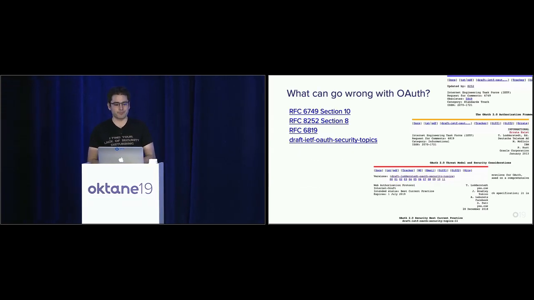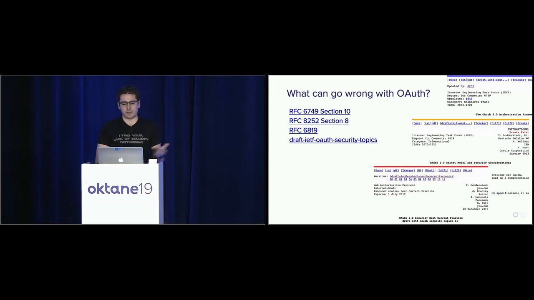There are so many tricks in this space and so many things to be aware of that there are actually multiple documents dedicated to documenting them. So it's starting with the RFC 6749, which is the OAuth core spec. There's a section in there that talks about several common threats and ways to avoid them. And that was written quite a while ago now, and those are sort of the well-known ones.